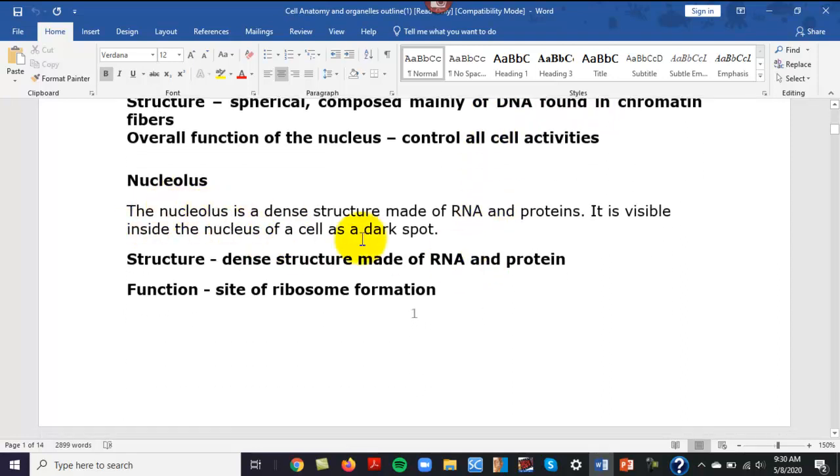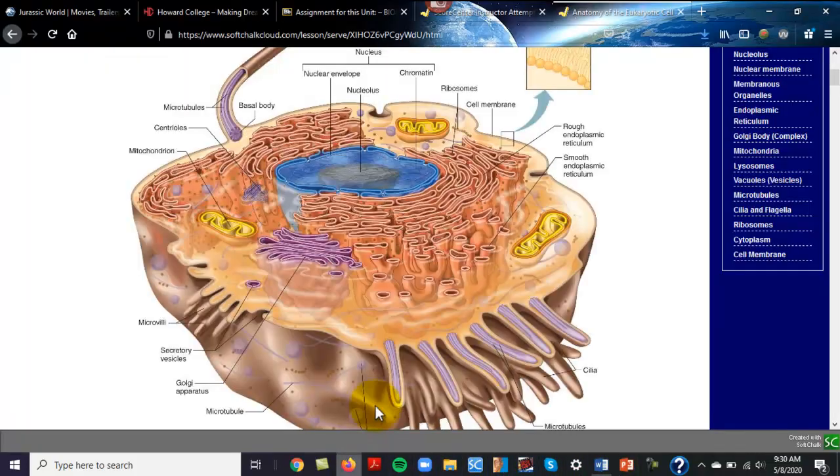The nucleolus, I showed you that little dense area. It actually also has a function. It's called a site of ribosome formation. We haven't talked about ribosomes yet. Those little dots down here and the ones up here that are attached, the little purple dots, those are ribosomes.